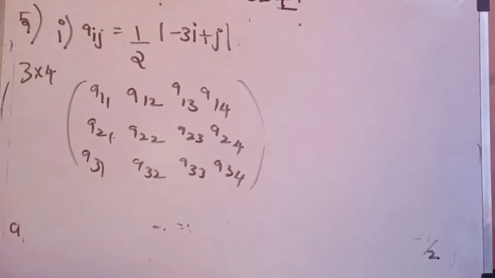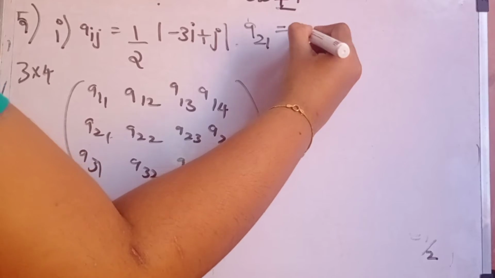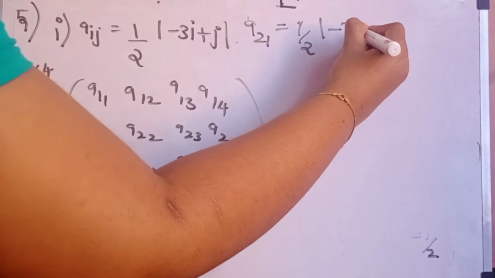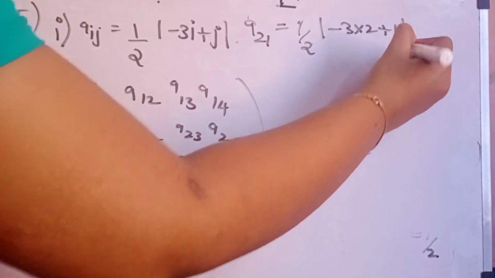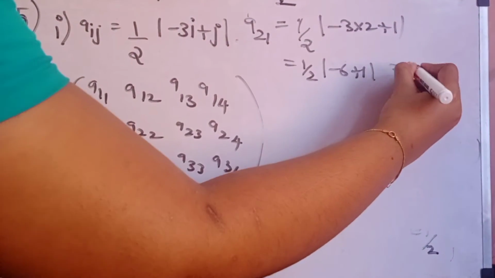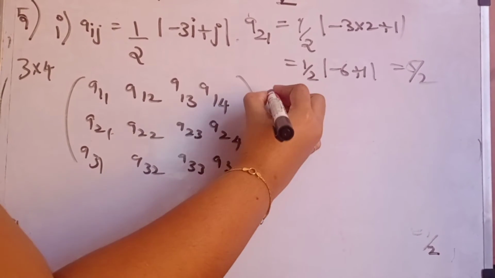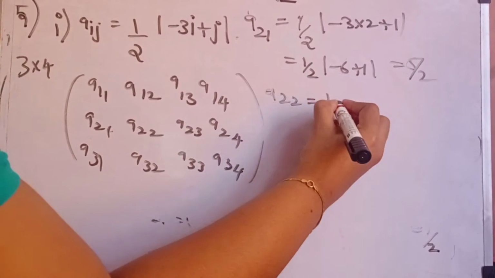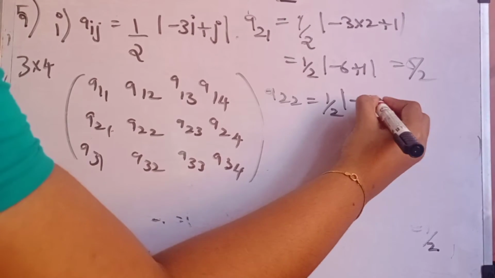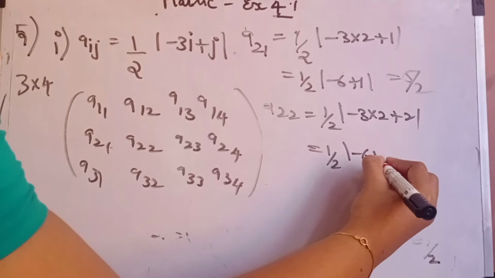So next A21. A21 means 1 by 2 minus 3 into 2 plus 1, so 1 by 2 minus 6 plus 1, so 5 by 2. A22 means 1 by 2 minus 3 into 2 plus 2, so 1 by 2 minus 6 plus 2.